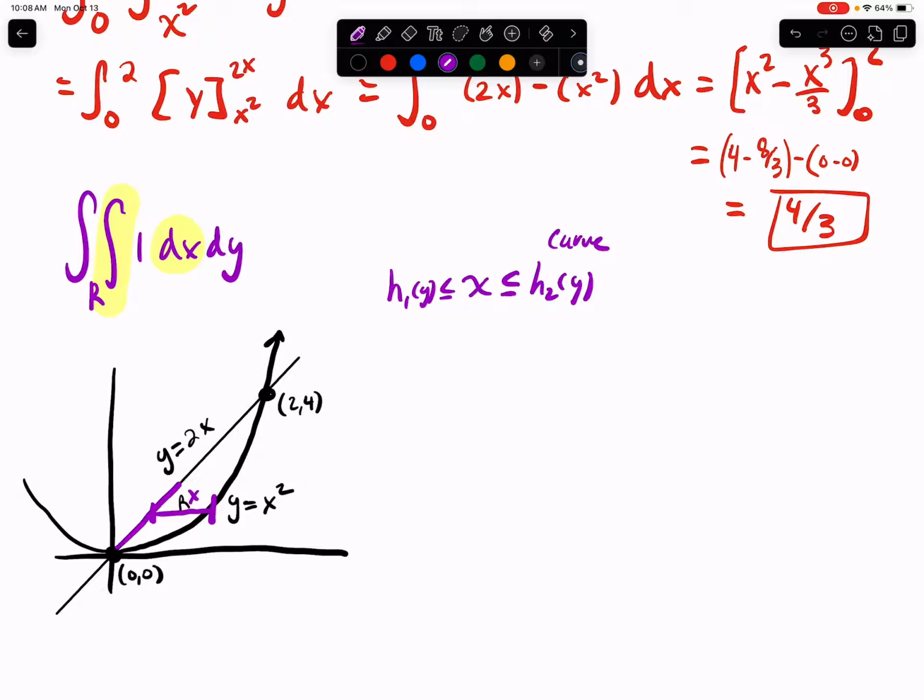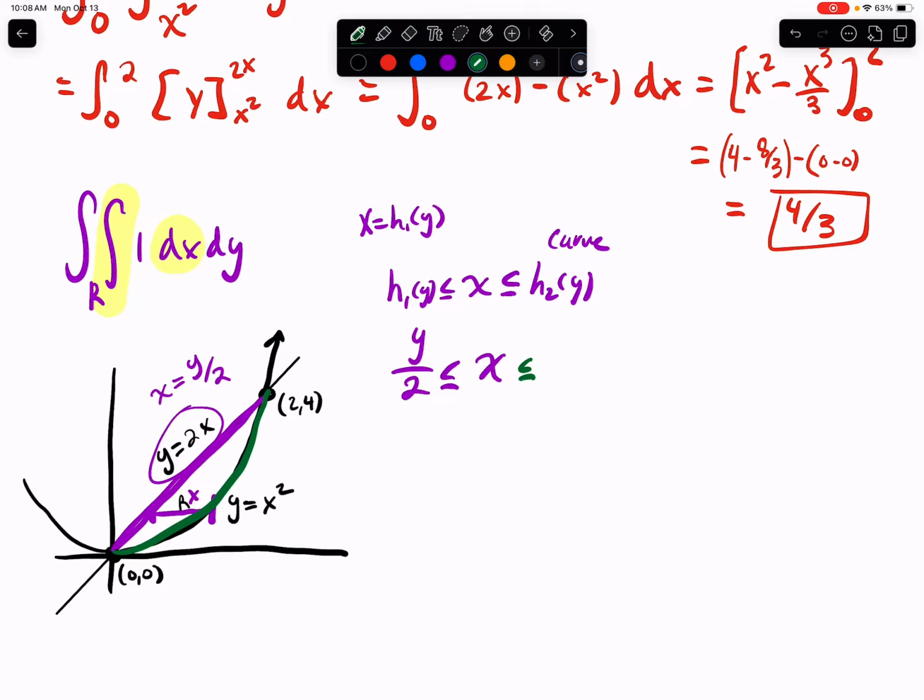The low side is this thing right here, but I can't put 2x. Remember, curve to curve, x equals h1, x is a function of y. So how do I rewrite that? How do I get x equals something here? I divide both sides by 2. So x is equal to y over 2. Okay, so that's the low side.